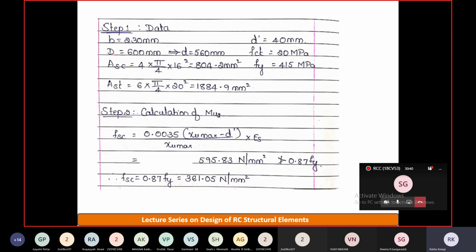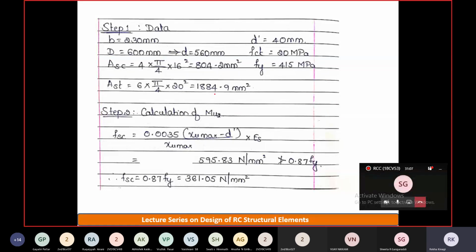So D minus D dash will give you the effective depth, that is 560 mm. The area of steel in compression zone and in tension zone have been calculated as 804.2 mm square and 1884.9 mm square respectively.